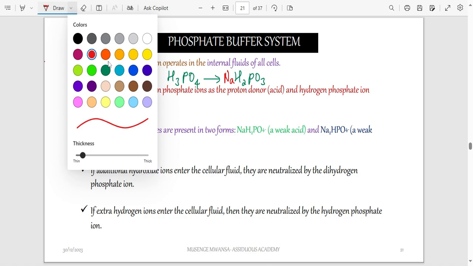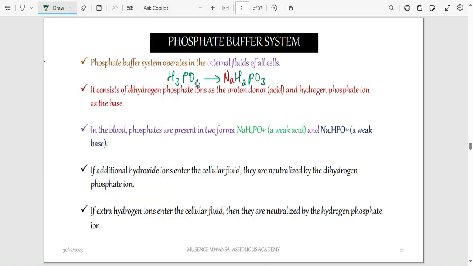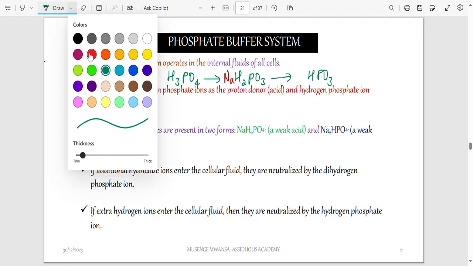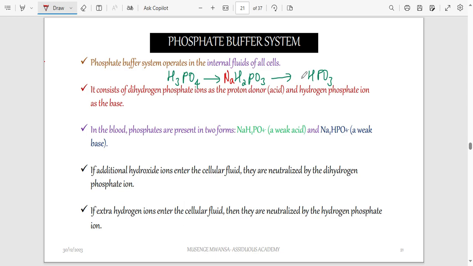And then this one can also lose another hydrogen. And what you're going to have is HPO4. It's supposed to have a 2 minus. But again, you don't want to put that 2 minus. Instead, balance it with sodium. But because you have 2 minus, put 2 sodiums.